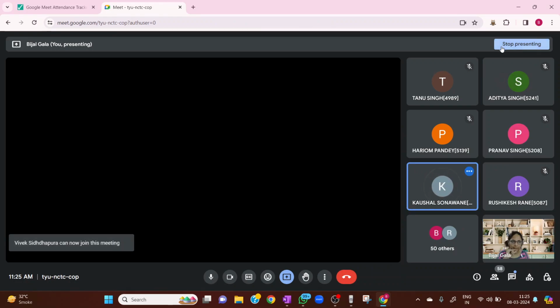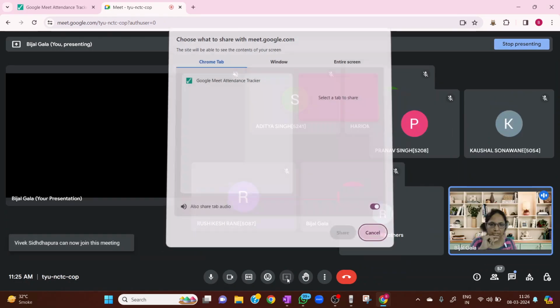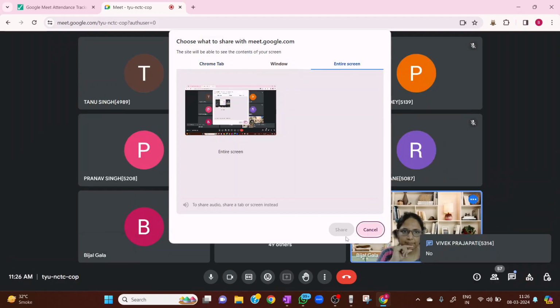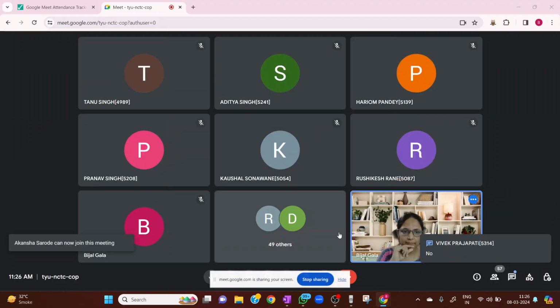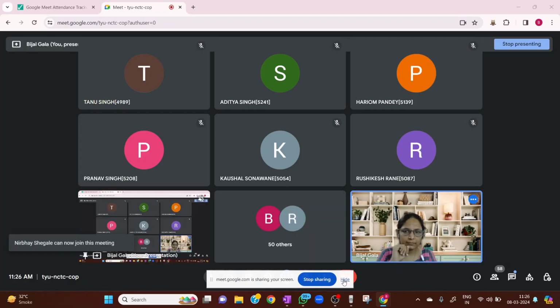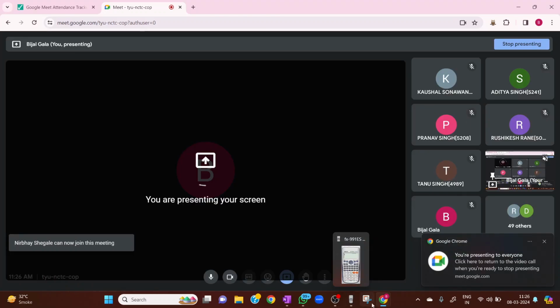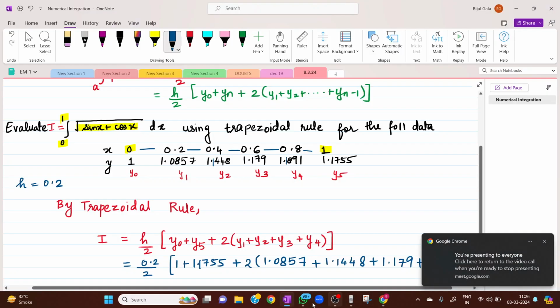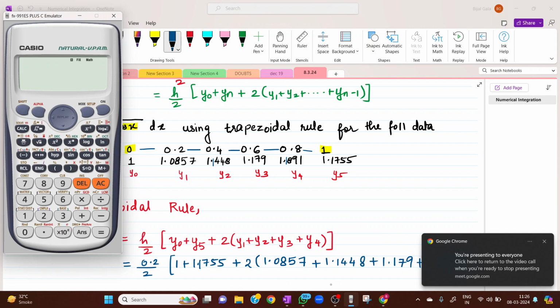Okay, wait, I'll change the presentation style. Now is the calculator visible along with the screen? Yes.